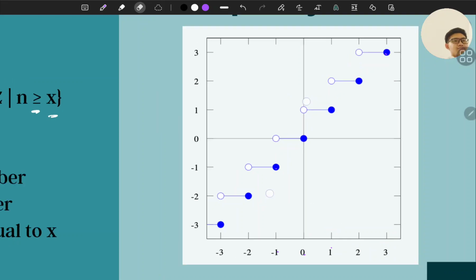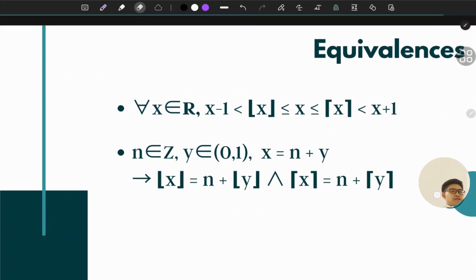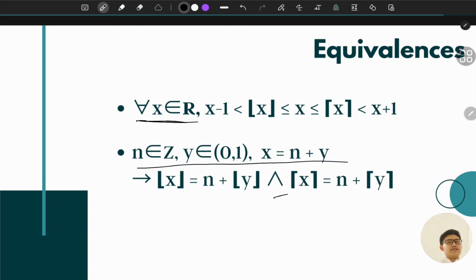Okay. Now we're done with it. Alright, so let's come down here. So here are two common equivalences for the floor and ceiling functions. We won't delve too deep into them because we won't have enough time, but let me just tell you what this means.